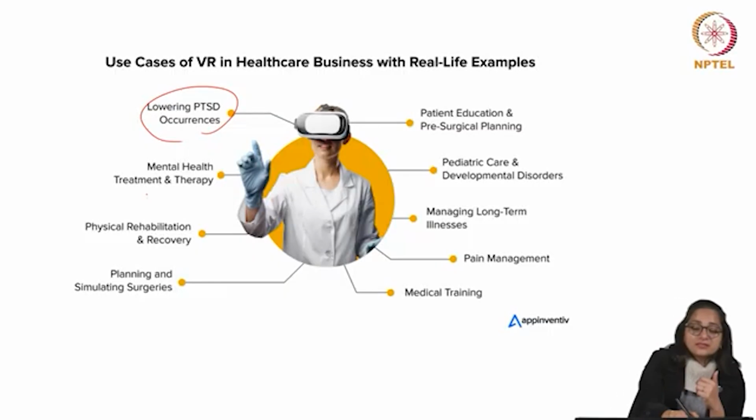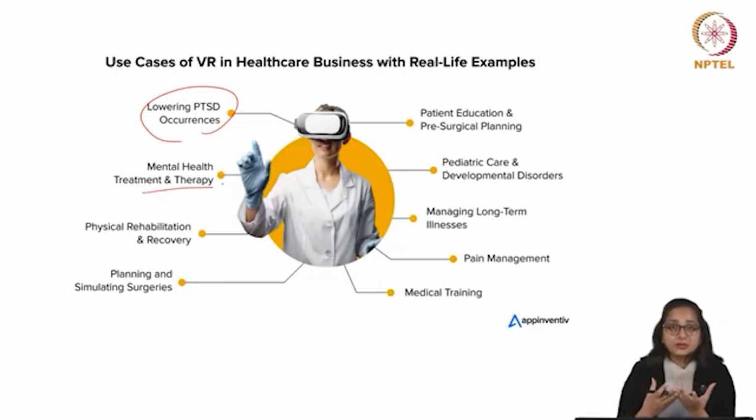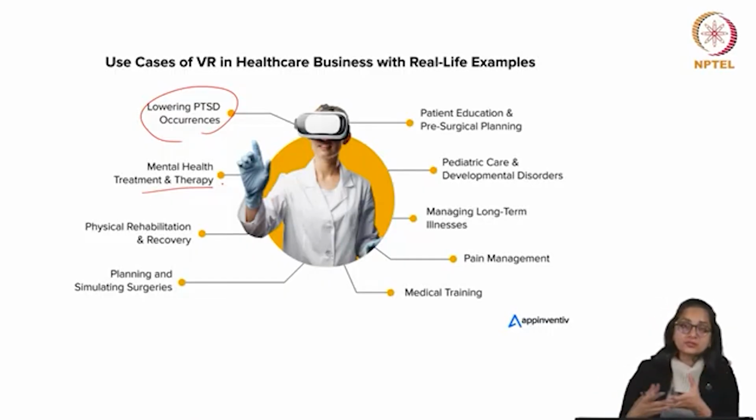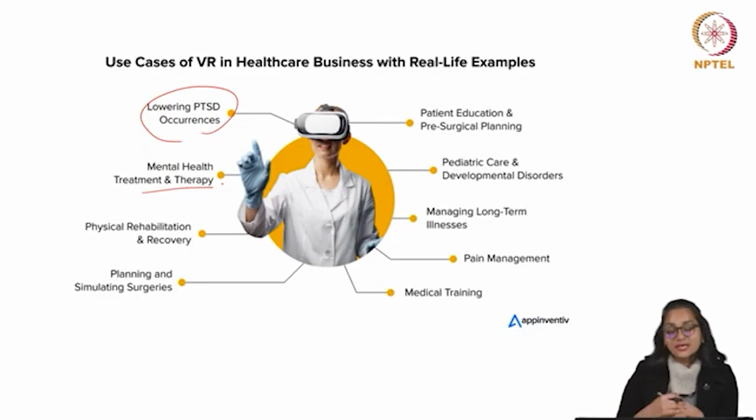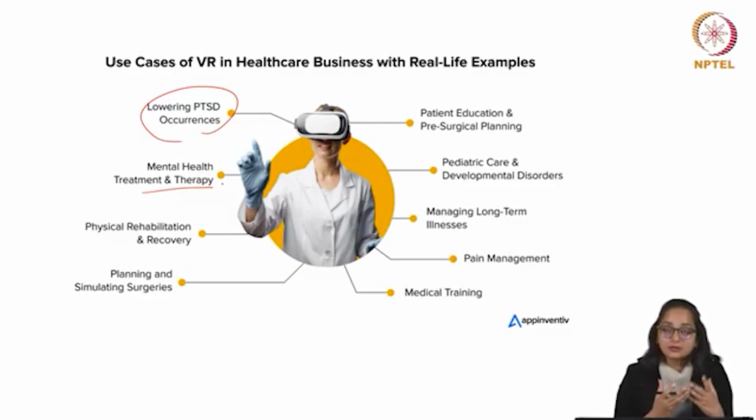Mental health related therapy: some of the people may be hesitant to open up to a human counselor, and also the human counselors may have their own biases because they're also humans. But a computerized programmed therapist who can be a virtual therapist is also becoming an interesting domain.